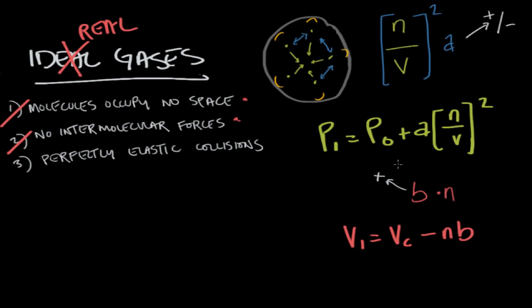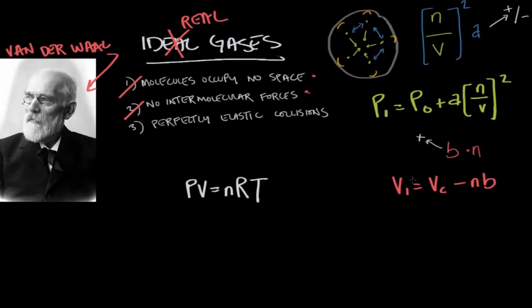As another quick note, unlike A, B will always be positive because the molecules will always take up some amount of space. Starting with the ideal gas law, PV equals nRT, let's insert our corrected pressure and corrected volume for a real gas into the equation. The ideal pressure equals the pressure observed plus the attraction coefficient times the molar concentration squared: P observed plus A times N over V squared.